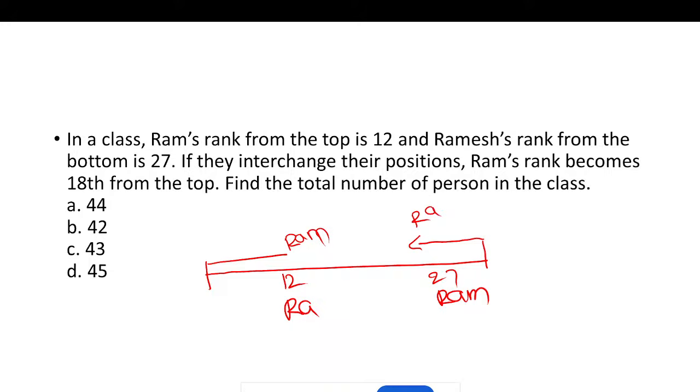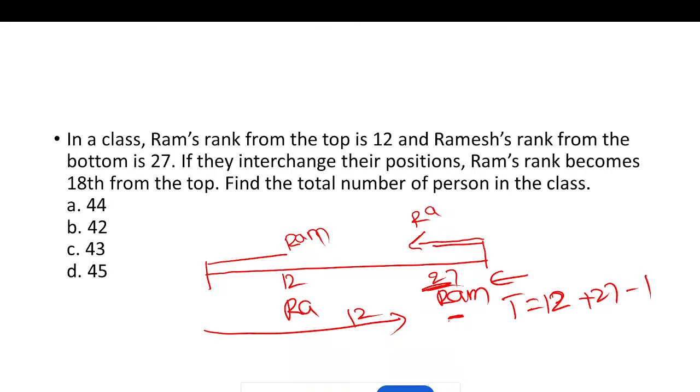Ram's rank becomes what? 18th from the top. Actually, where is Ram here? Ram is here. From the top, Ram's position is 12. From the bottom, Ram's position is 27. Total students is equal to rank from top plus rank from bottom minus 1.